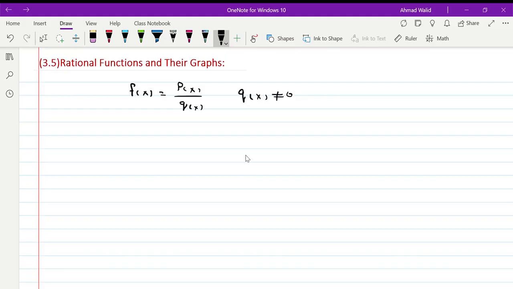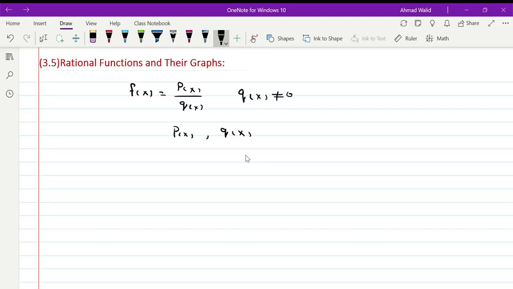Or in other language, rational functions are quotients of polynomial functions. A quotient of two polynomial functions, we call it a rational function. P of x and q of x, they are polynomial functions.